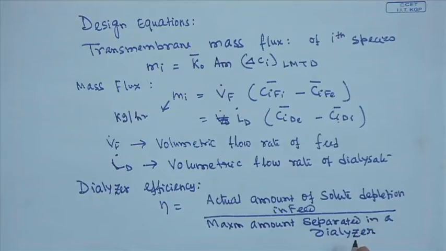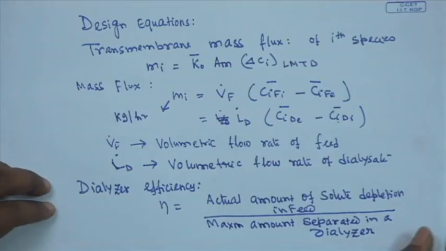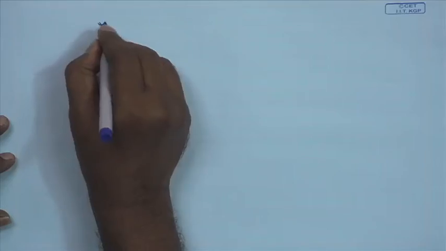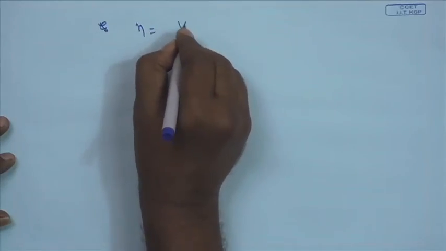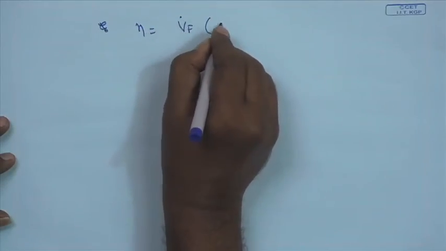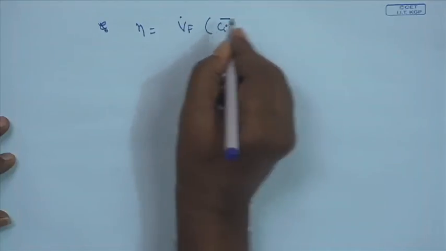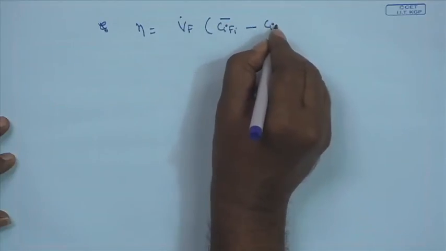So, that is the definition of dialyzer efficiency, and if you really do that, one can get that V_f dot eta is equal to V_f dot (C_i f_i bar minus C_i f_e bar).